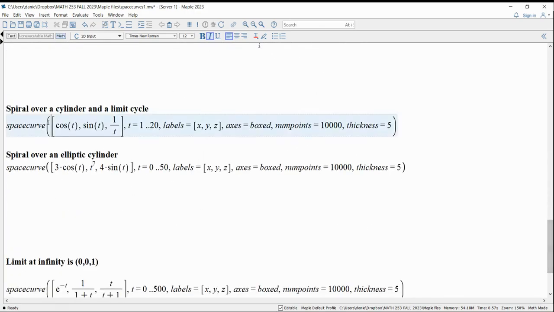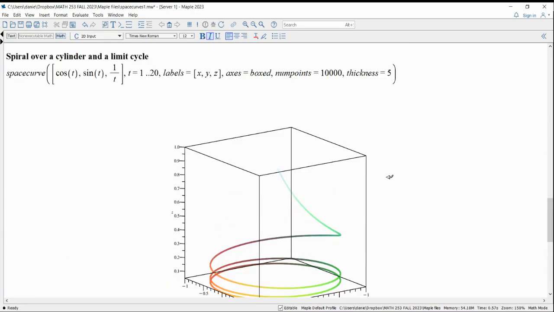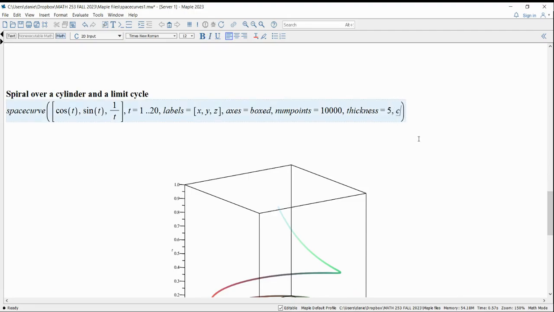This is one of the examples done on paper before. This moves on a cylinder. Let me change the color here so that it's easy to see.